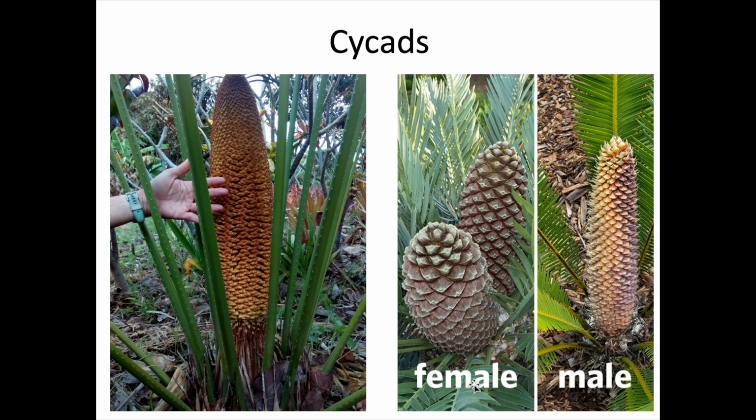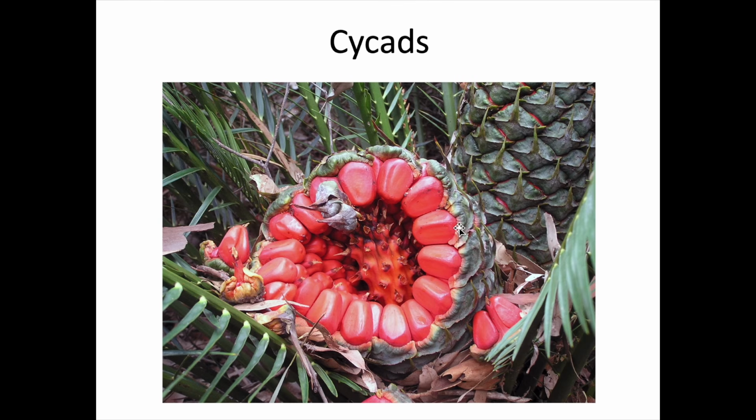And this one's labeled female and male. Yes, these are monoecious plants. They have distinct male and female individuals that only make female cones or only make male cones. And if you were to crack one of these open on a female cone, you see these things that kind of look like fruit. That's more convergent evolution.